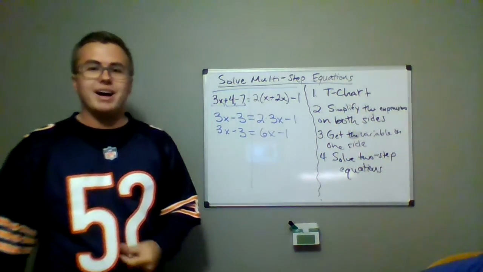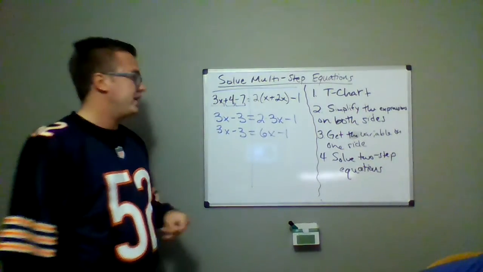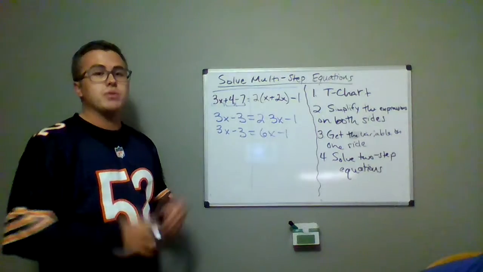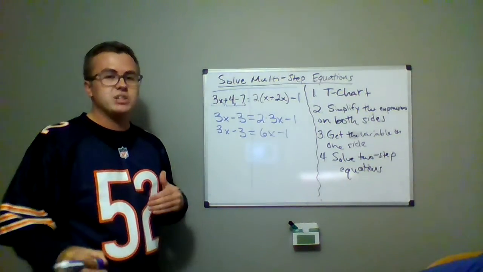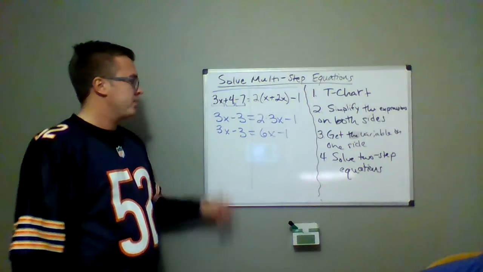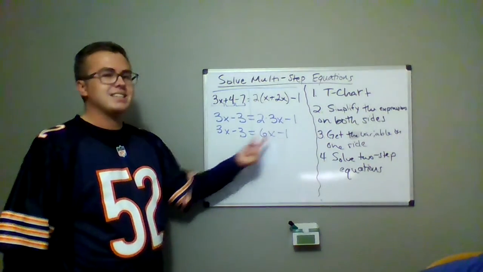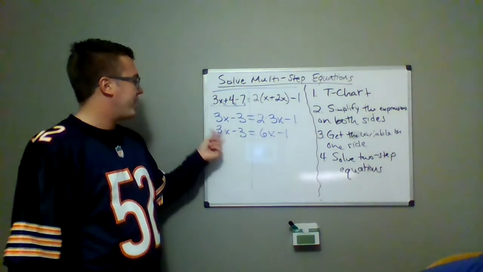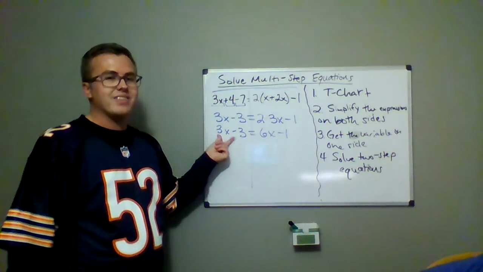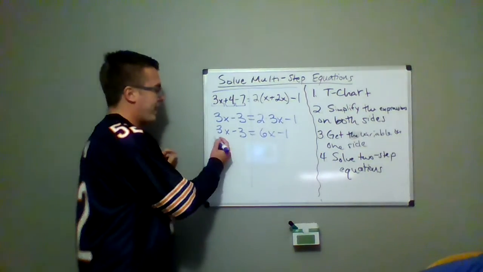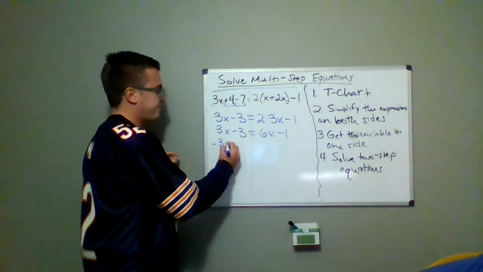Now I get to move on to step number 3. And step number 3 is to get the variable on one side. And remember from the last video, my hint was to move the least number of x's that you have to. So I've got 3x and 6x, so I'm going to choose to move this 3x. And how do I get rid of the 3x on this side if it's added to this negative 3? Well, I have to subtract it.